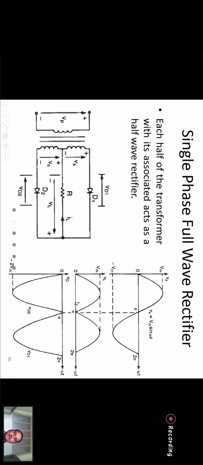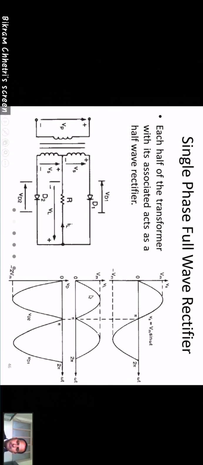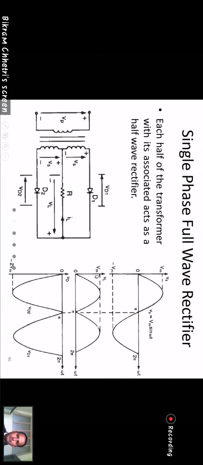B is now in its positive half cycle, so for both half cycles we get this output voltage.